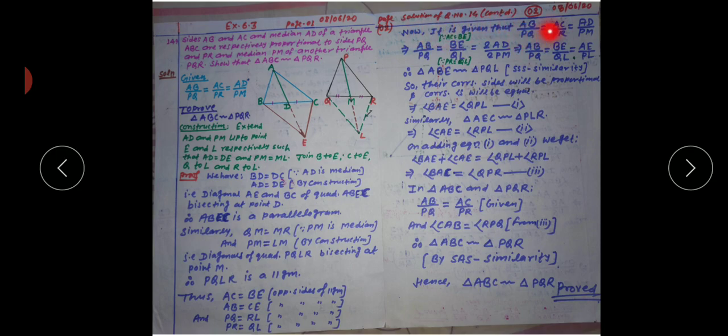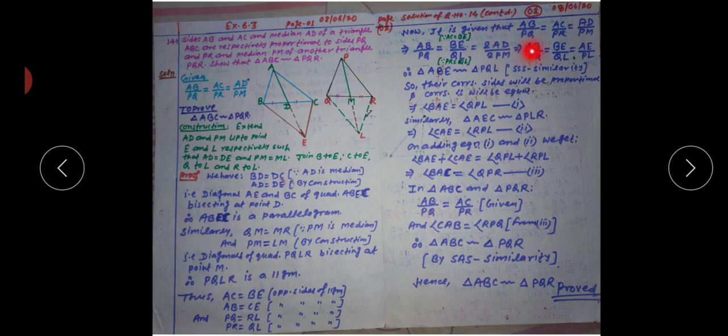Now it is given that AB upon PQ is equal to AC upon PR is equal to AD upon PM. This implies that AB upon PQ is equal to BE upon QL, because AC is equal to BE and QL is equal to PR, as we have already shown. This will be equal to AD upon PM, and we multiply both the numerator and denominator by 2.